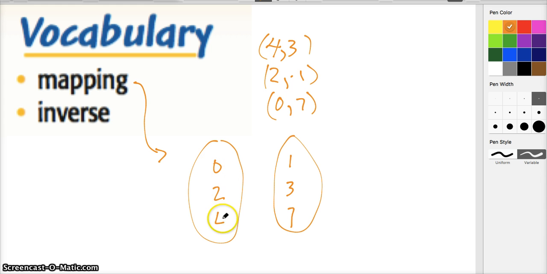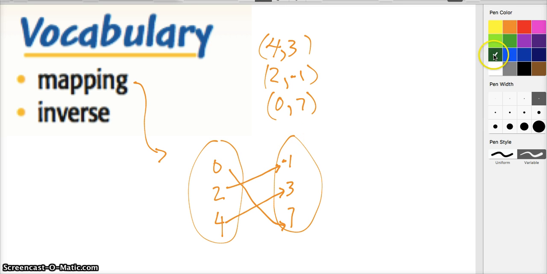And now what I can do is show a mapping where I'm associating 4 with 3 because that is a part of the relation that I want to demonstrate. And forgot this was a -1, 2 with -1, and then 0 with 7. So what we've seen demonstrated is a mapping. It's a way of representing a relation.